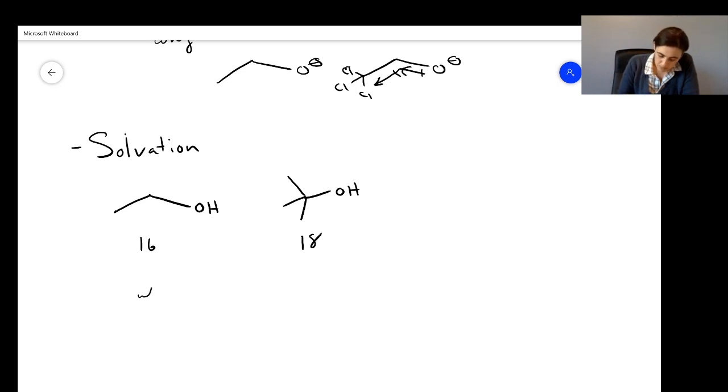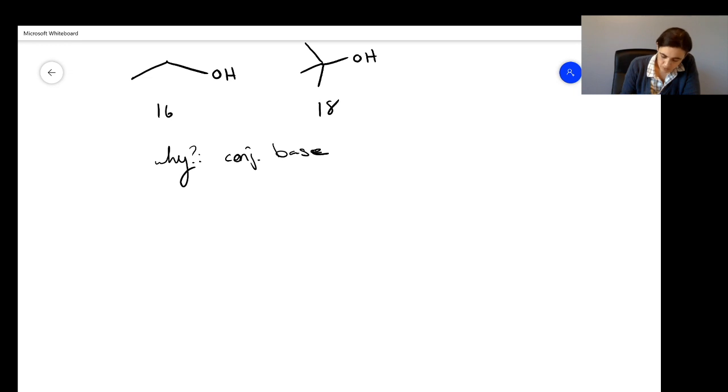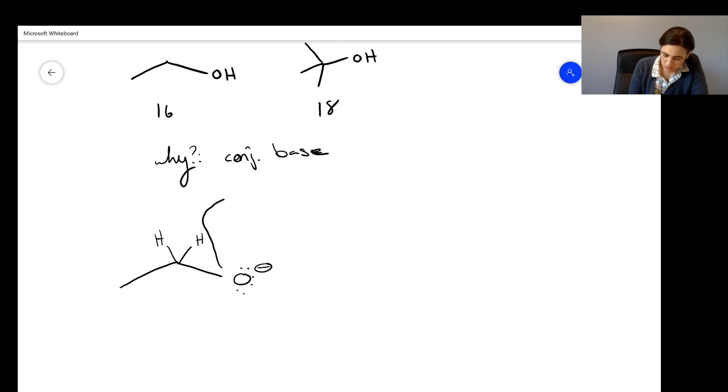Well, again, we look at the conjugate base. So if we look at ethanol, this molecule has a fairly large area.